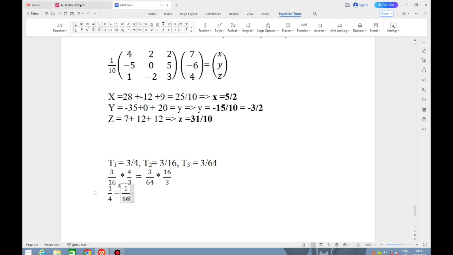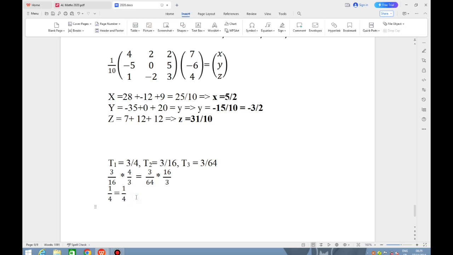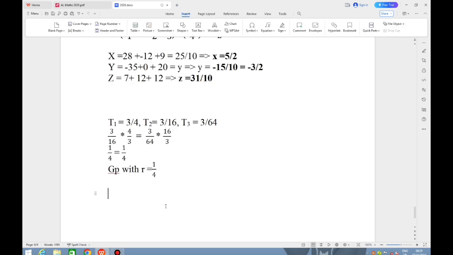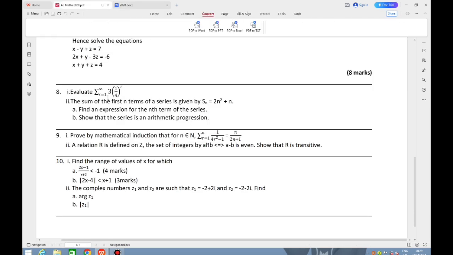So you understand that it is a geometric progression with common ratio r equals 1 on 4. Now I want to find its sum to infinity.